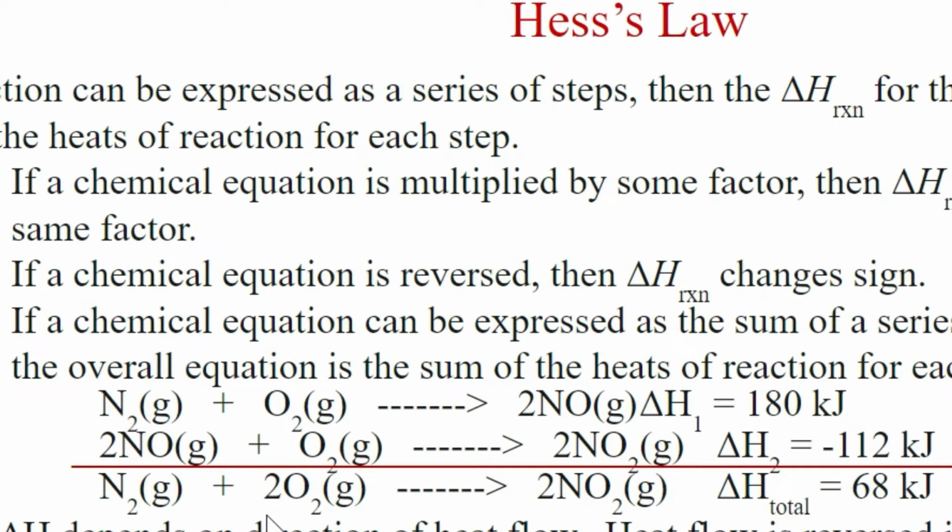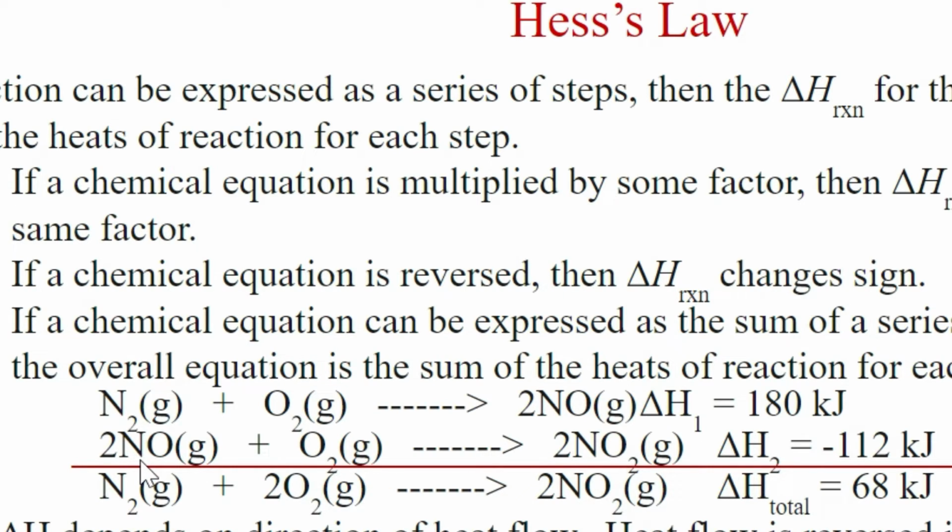Once we add that up, what happens? Our N2 comes down. We add both our O2s together, and this is how we get 2O2, one mole of each. But what happens to this NO?